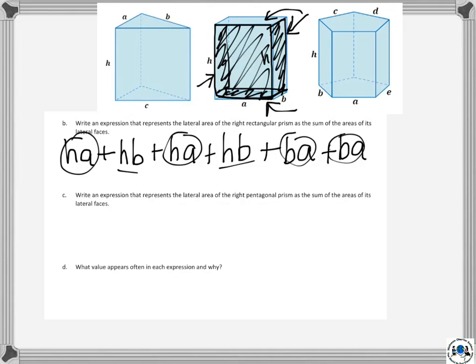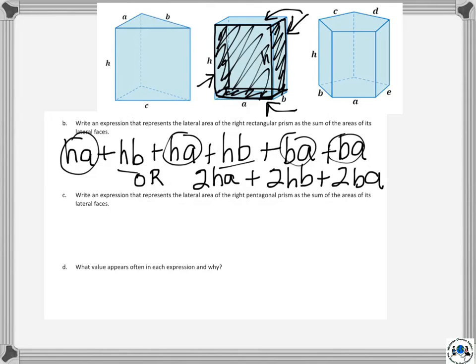So you could also express this as 2HA plus 2HB plus 2BA. What we've done here in terms of algebra is combine like terms by putting all of those together.